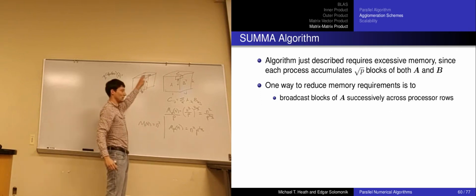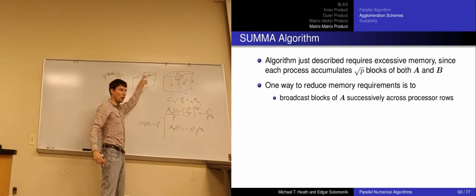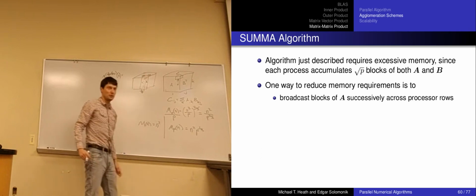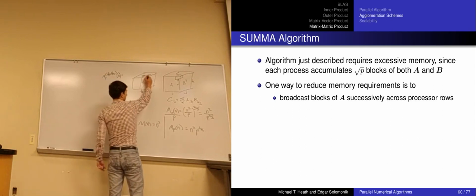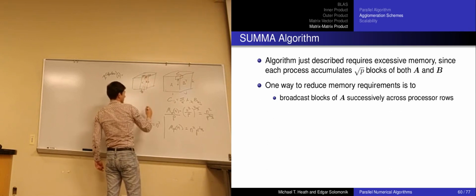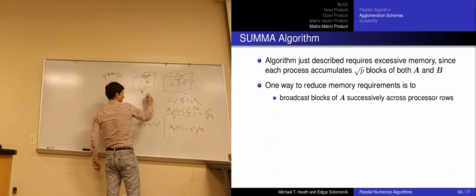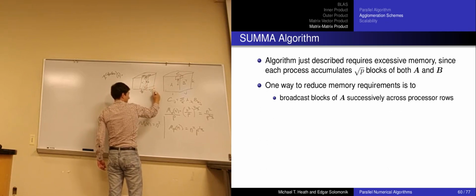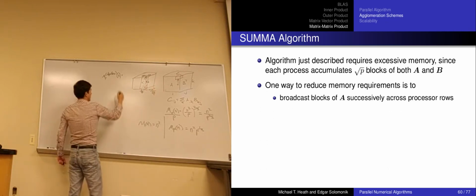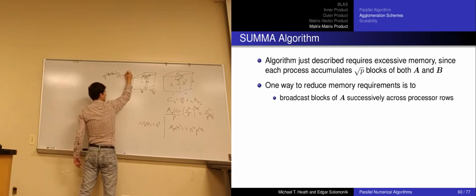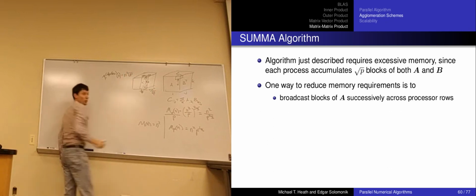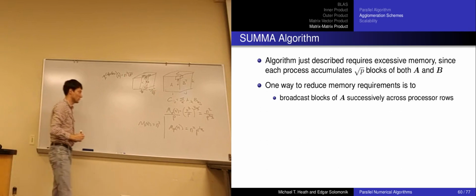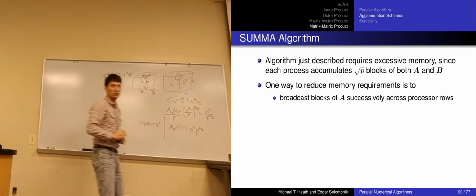Since all of the elements of C need to be assigned to some processor, we need the surface to give size n squared over p. While this is of dimension n, so these two faces are of size n squared over square root p. So here we'll have that the memory usage is n squared times square root p total, so it's even worse than p to the 1/3 in terms of overhead.